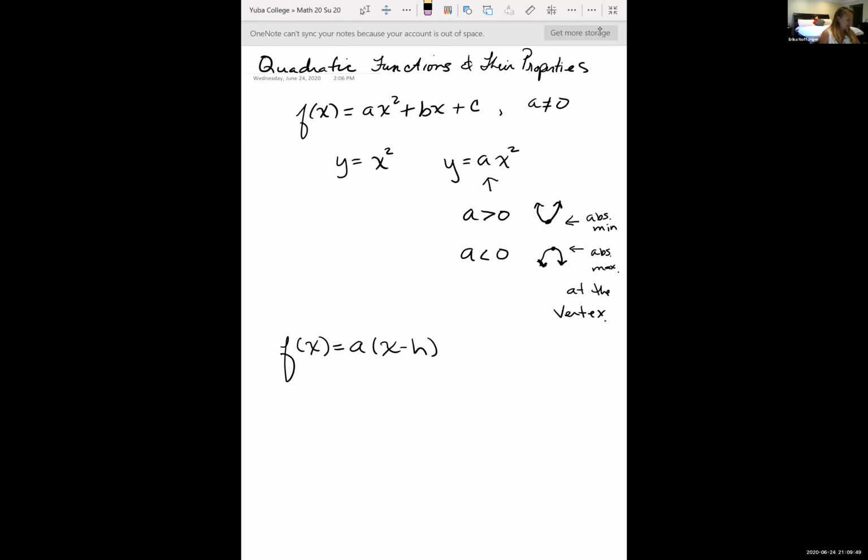Quadratic equations can also be written in the form f of x equals a times the quantity x minus h, quantity squared, plus k. This is called the vertex form of a quadratic.